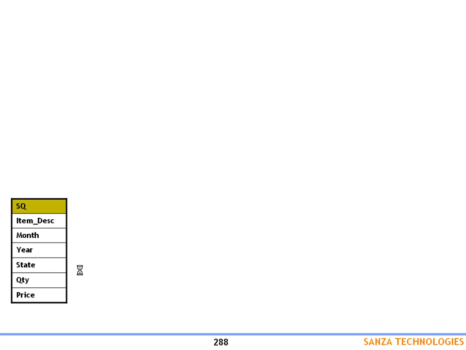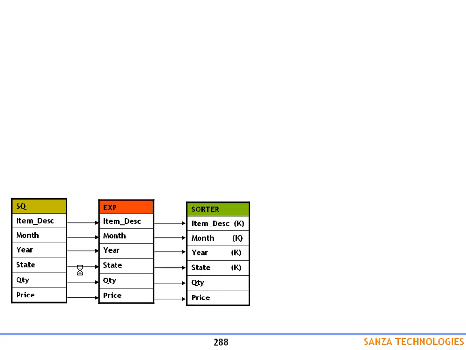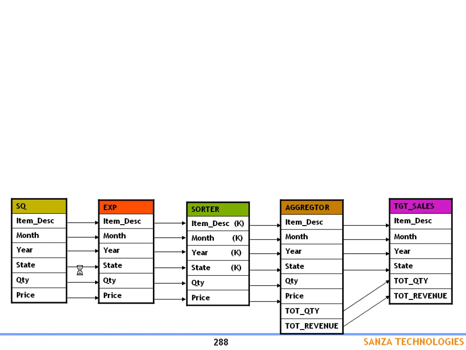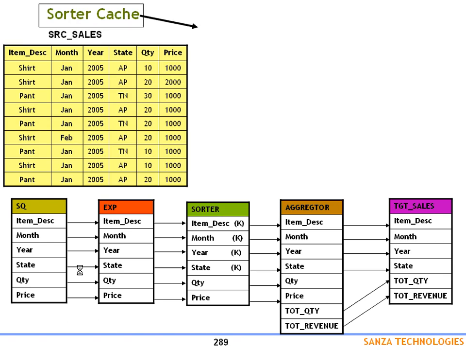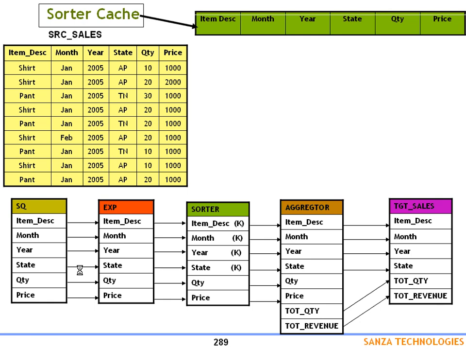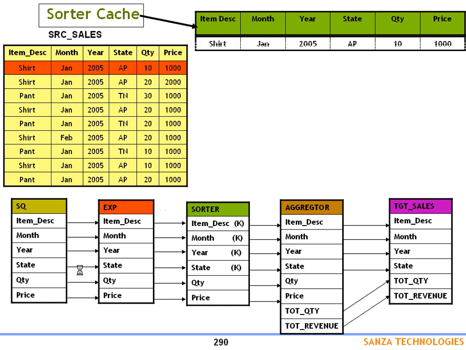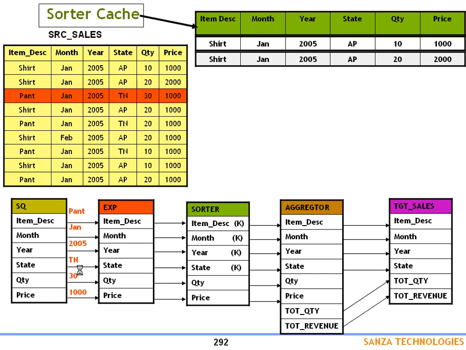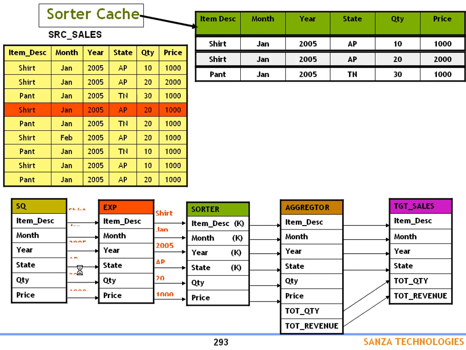Now, look at the mapping expression. You sorted on sort keys, aggregated, total sales. So when you execute it, data comes into the Informatica process row by row. So row by row, data goes into the sorter cache. Sorter needs the cache, so it will put the data into the cache, row by row into the sorter transformation.